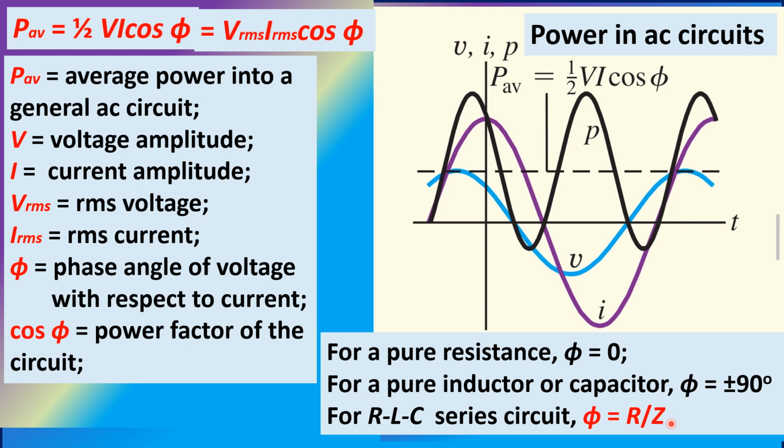A low power factor, which corresponds to a large angle phi of lag or lead, is usually undesirable in power circuits. The reason is that for a given potential difference, a large current is needed to supply a given amount of power, which results in large I squared R energy losses in the transmission lines.